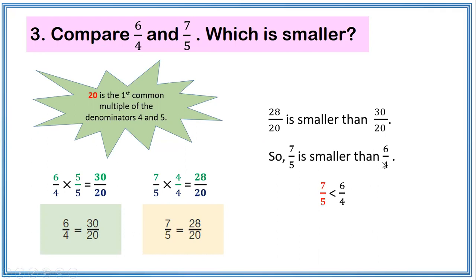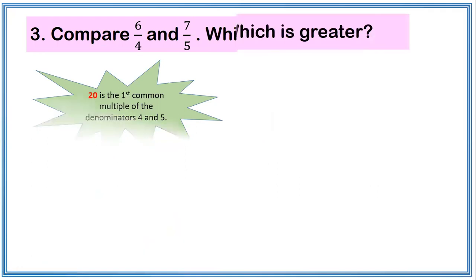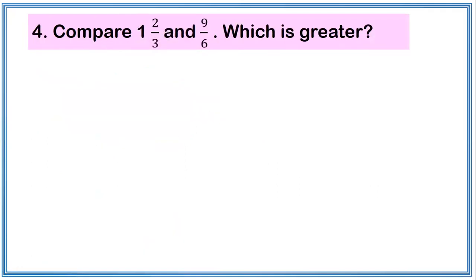So in symbol, we write like this. Next, let us have another example. Example number 4, compare 1 and 2 out of 3 and 9 out of 6. Which is greater?